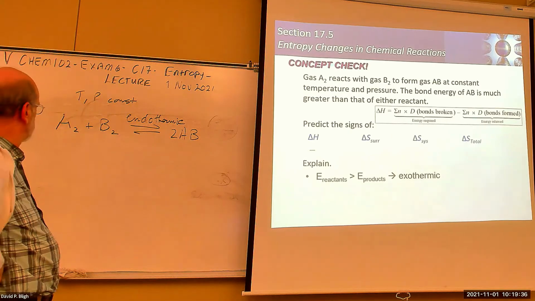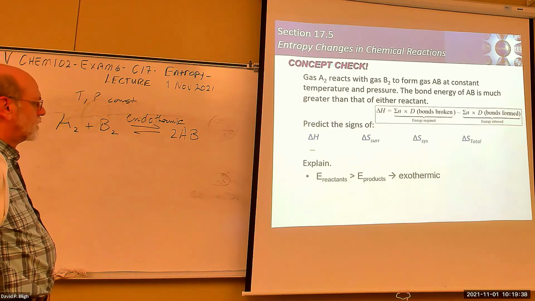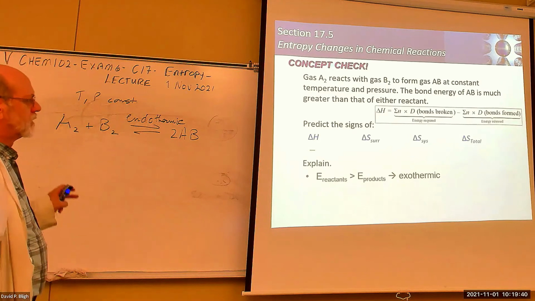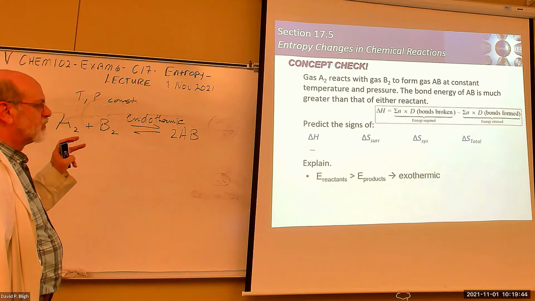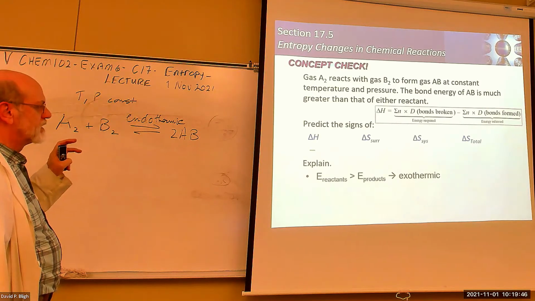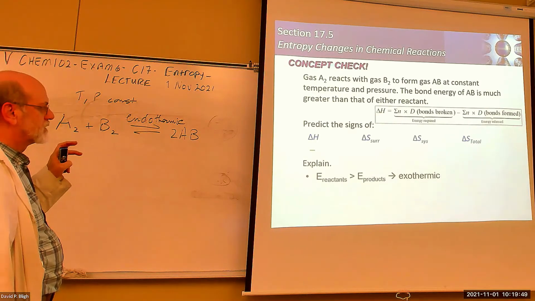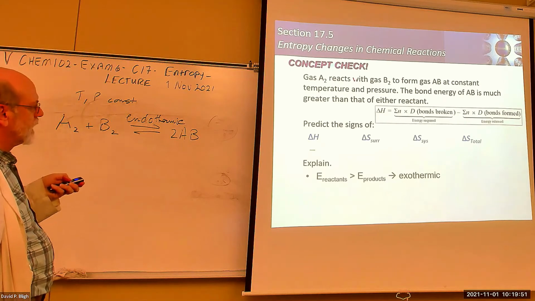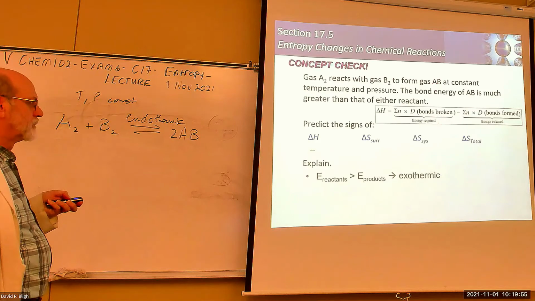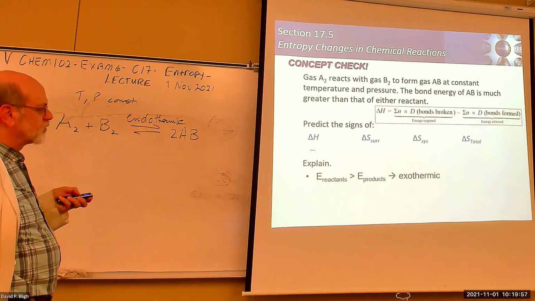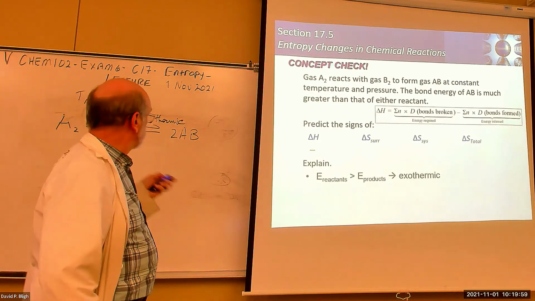Wait a minute. Hold on a second. The bond energy of AB is greater than that of either reactant. That's why I put this formula up here, because you could make the mistake that I did.